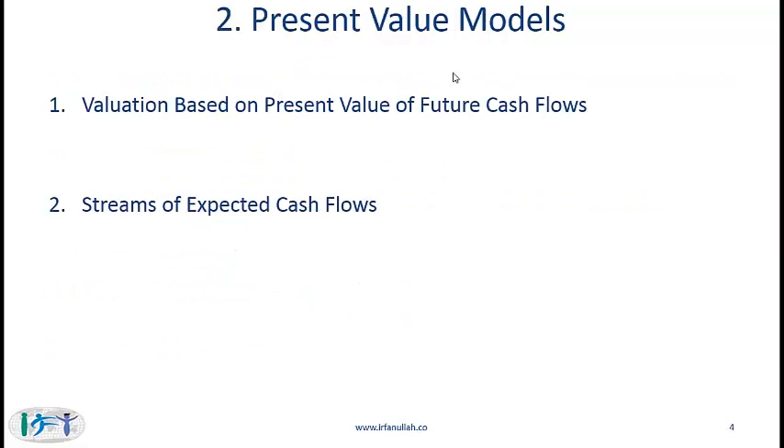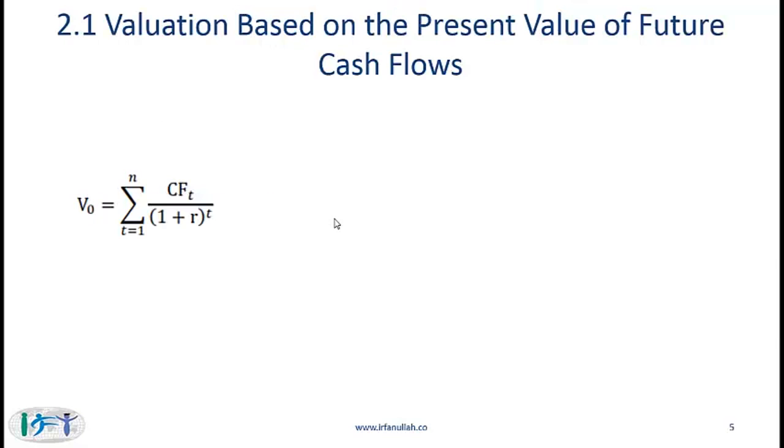Let's talk about present value models in a little more detail. And this is section 2 in the reading. This has 2 subsections: valuation based on present value of future cash flows and streams of expected cash flows. What you are looking at here is an extremely simple concept, something that you studied at level 1 in quantitative methods and then in other readings.